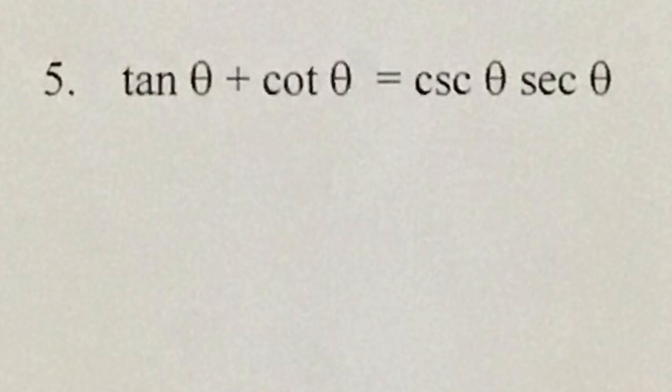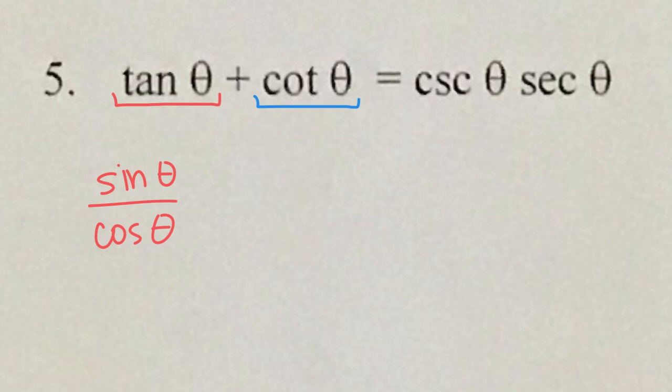Let's see if we can do that. Now remember, our number one strategy is replace everything with sine and cosine. So we're going to replace tan with its sine and cosine equivalent, and these are the quotient identities.